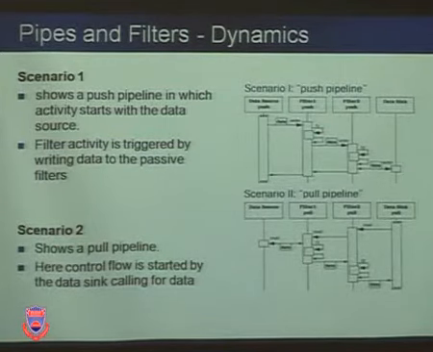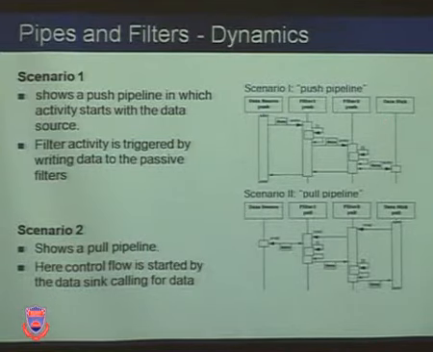The data source just pushes data to the first filter. So this is push, push, push. This processes the data and pushes to the next filter, processes data, pushes to the next filter, eventually to the data sink.